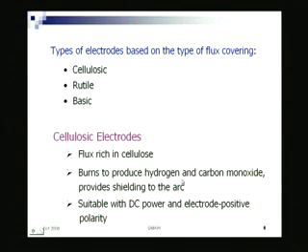It burns to produce hydrogen and carbon monoxide, which provides shielding to the arc. So, you can see the welding fume which is generated, and it is not very healthy for the person who is welding, because there is carbon monoxide evolution. That is why, whenever manual welding is done, you have a proper means of extracting the fumes, such that the welder does not get much exposed to the fume, with a suction system.